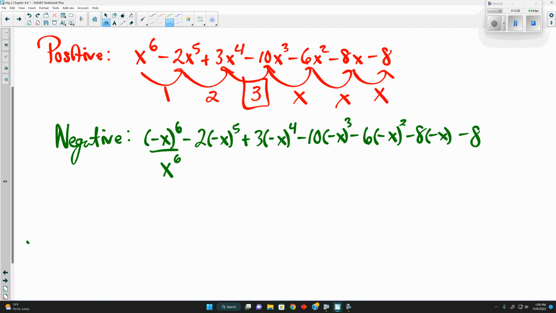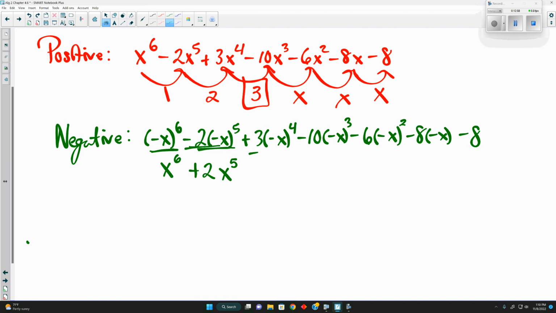Now, along that same line of thinking, the next one here, the exponent is odd. It's 5, yes? Which means that negative x to the 5th power is going to be negative x to the 5th power, which means I'm going to have negative 2 times a negative, which will make positive. So really, if the power is odd, the sign's going to change on these here.